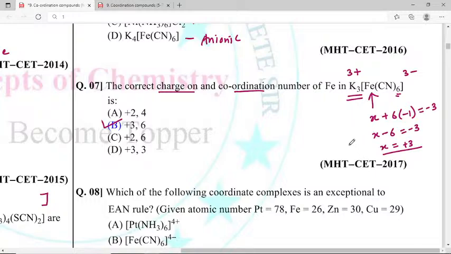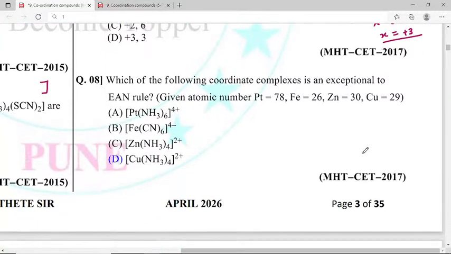Okay, get it? Next, which of the following coordination complexes is an exception to the EAN rule? Exception to the EAN rule means not 36 or not 86. Okay. So for platinum, effective atomic number is equal to Z minus X plus Y. For platinum, 78 minus oxidation state of platinum, which is plus 2, plus 12.